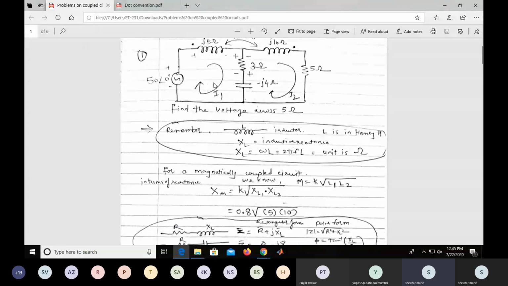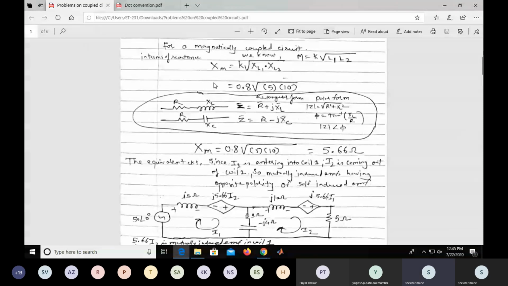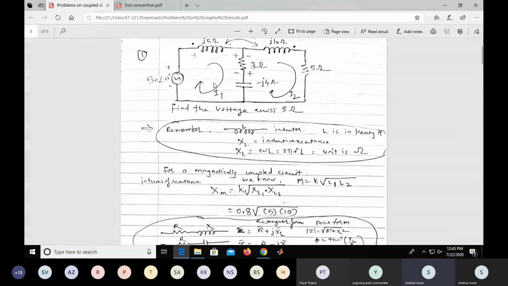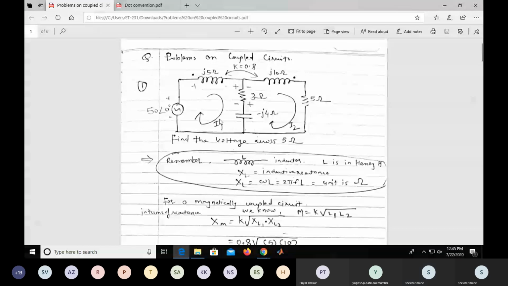Now the important step is to find the equivalent circuit of this given circuit. Here you have to consider the dot conventions and use the concept of dot conventions.